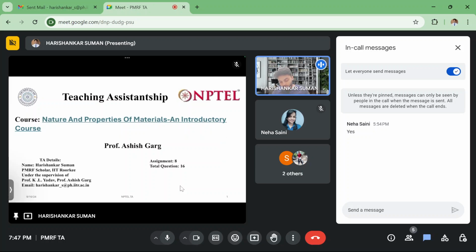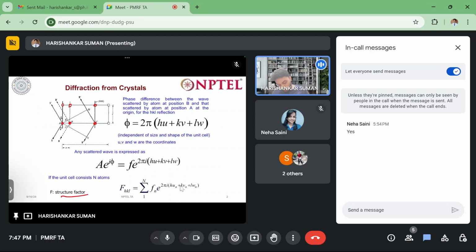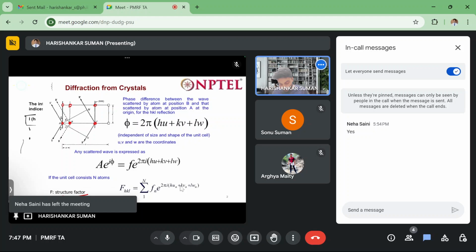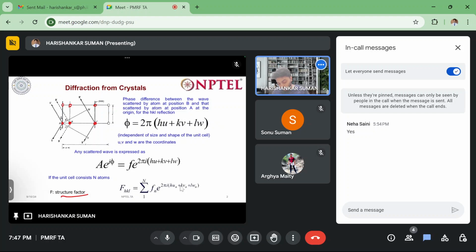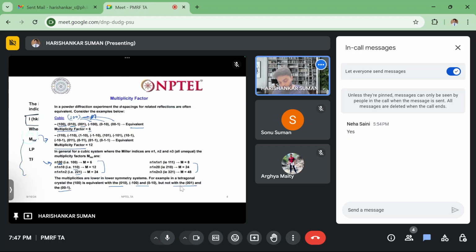Today we have discussed the structure factor, which depends on atomic arrangement and the number of electrons present, and also intensity, structure factor, multiplicity, Lorentz factor, temperature and absorption.